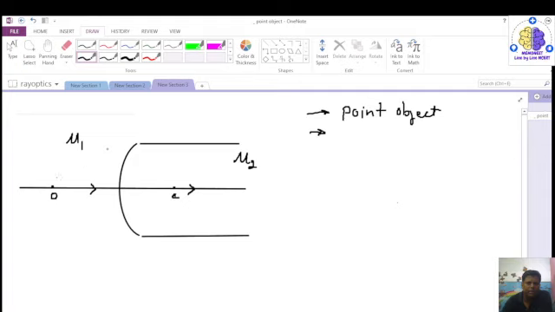Now we'll take another light ray which is traveling at an angle, right? It is incident at this point.